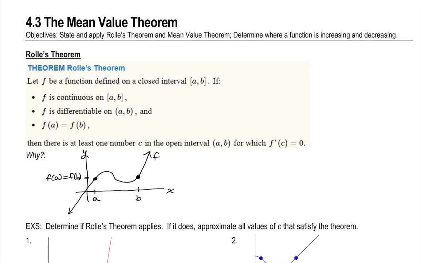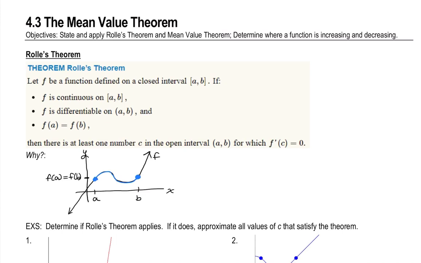As we look at this, hopefully we can all agree that from a to b we are definitely continuous and differentiable on the open interval. So what's the conclusion?